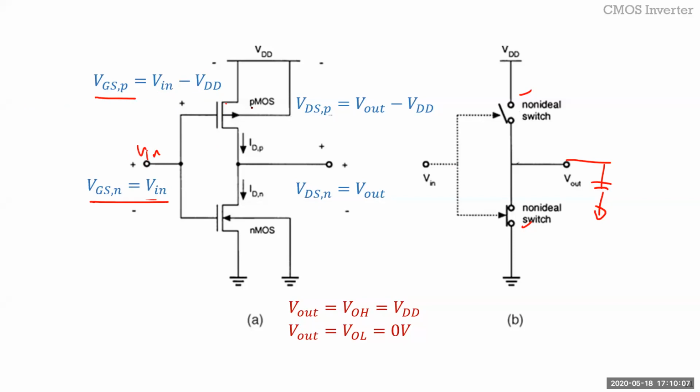The VDS for the PMOS is Vout minus VDD, because Vout is the drain for the PMOS and VDD is the source. For the NMOS, it's Vout minus 0, because that's your ground, so that's your Vout. And in case of a CMOS, obviously because only one switch is on, your VOH is the supply voltage and VOL is your ground voltage, because when the NMOS is on, it'll just discharge completely to ground. Okay.